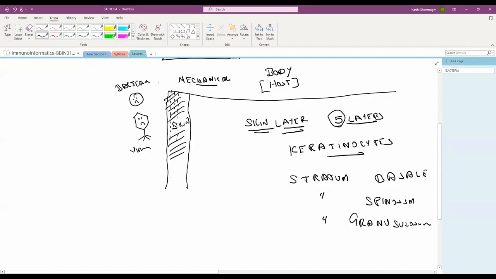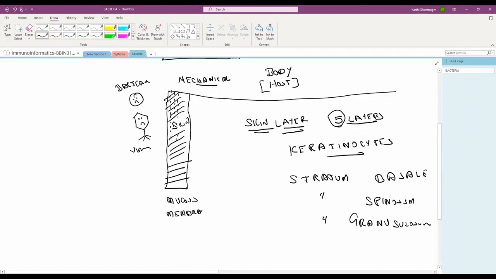So secondly, let me erase something here. There are certain regions in which we don't have skin, or the skin is modified. The surface is slightly modified. Those we can call mucous membrane.